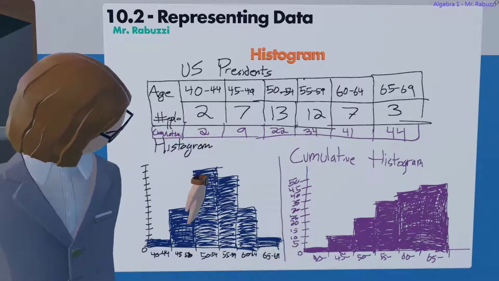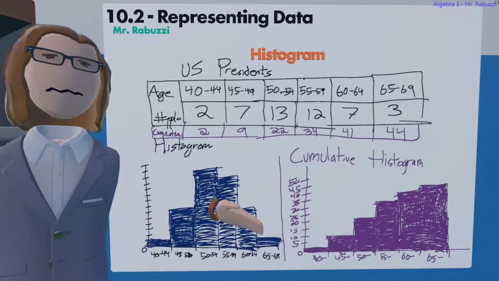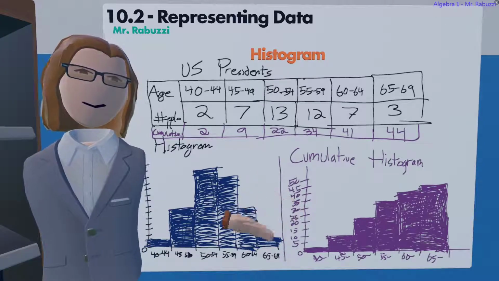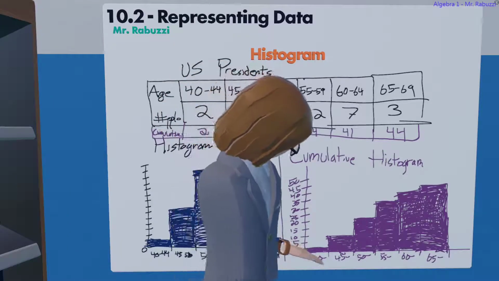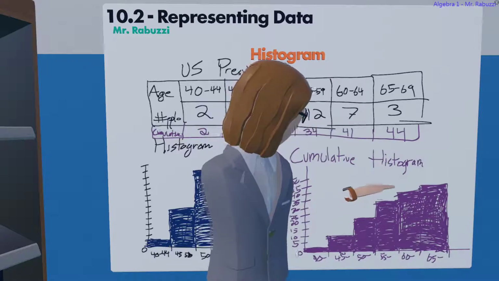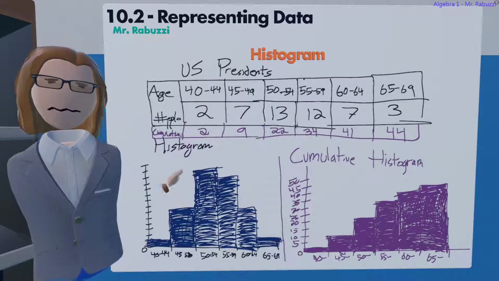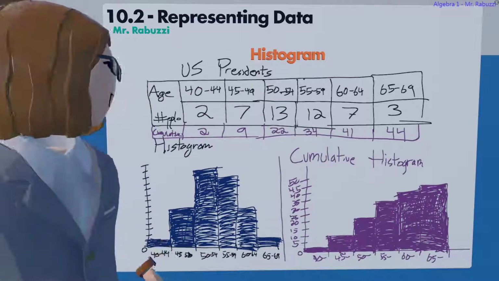Most of the data is in the middle here in this picture. And a cumulative shows you how it adds up, right? So a few people here, a little jump, a big jump, a big jump, a little jump, a little jump. So it gives you the same information as this one, but in a different picture.